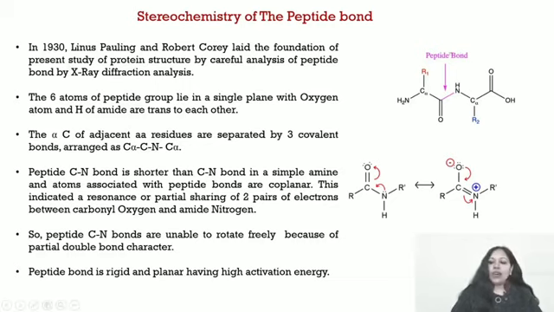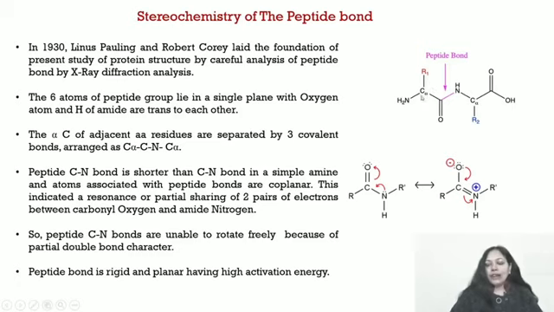They elucidated that all 6 atoms in a peptide group lie in a single plane, meaning you can draw all these atoms on a single paper, with the oxygen atom and hydrogen atom in trans position to each other, while the alkyl groups of both amino acids are also in trans position to avoid steric hindrance.